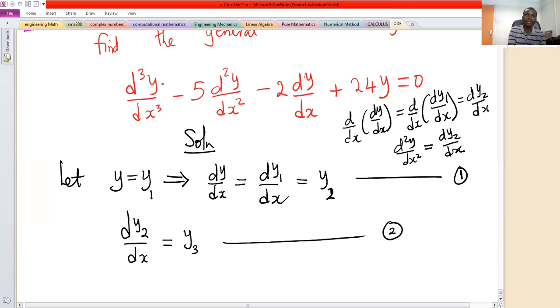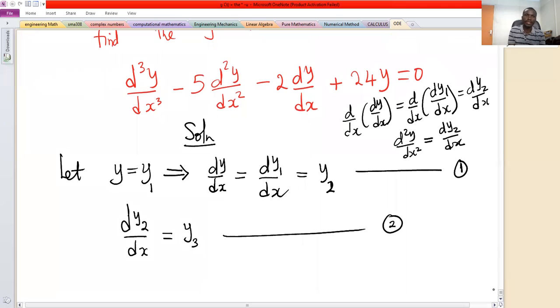Now you see that d cubed y dx cubed can be made the subject of this equation. Differentiating this one again, we'll have dy3 dx is the same as d cubed y.